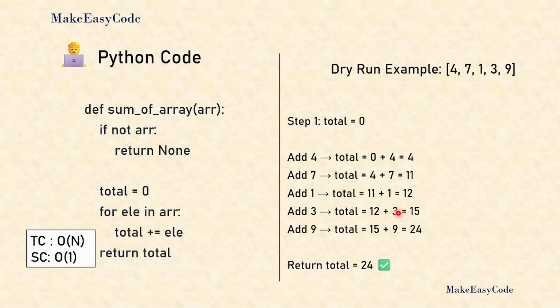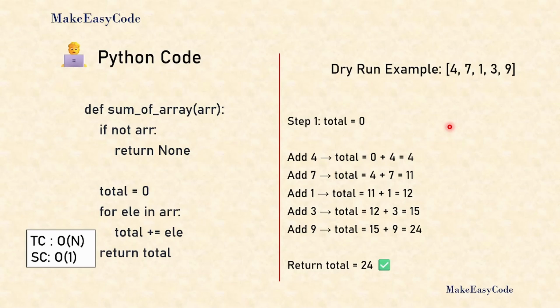Now this total will be added with the next element, that is 3, and we get the total sum equal to 15 here. Now again 15 is saved into total, and again this is added to the next element, that is 9, and after adding we get 24. After that, we don't have any elements, so the loop ends and it gives the total sum equal to 24.